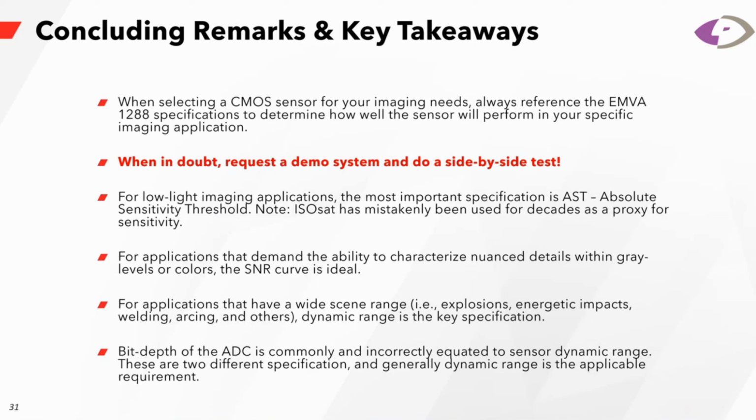For applications that have a wide scene range, things like explosions, energetic impacts, welding, arcing, and others, dynamic range is going to be the key specification there. Bit depth of an ADC is commonly and incorrectly equated to sensor dynamic range. These are 2 very different specifications, and generally dynamic range is the applicable requirement that you want for your application.